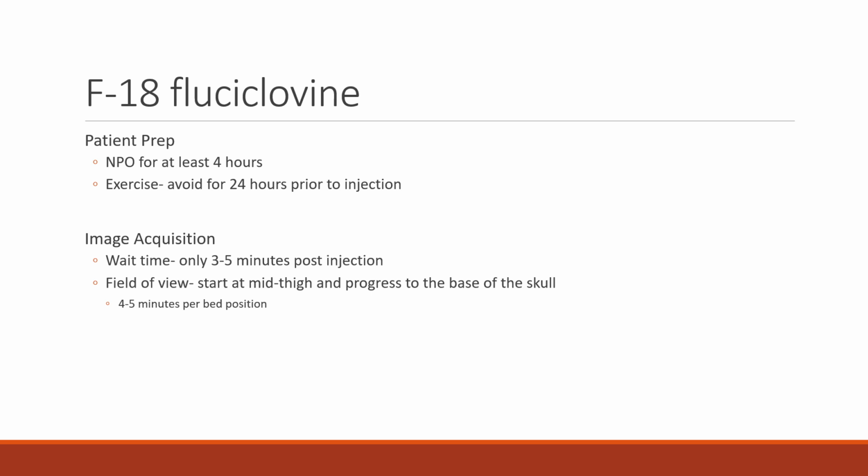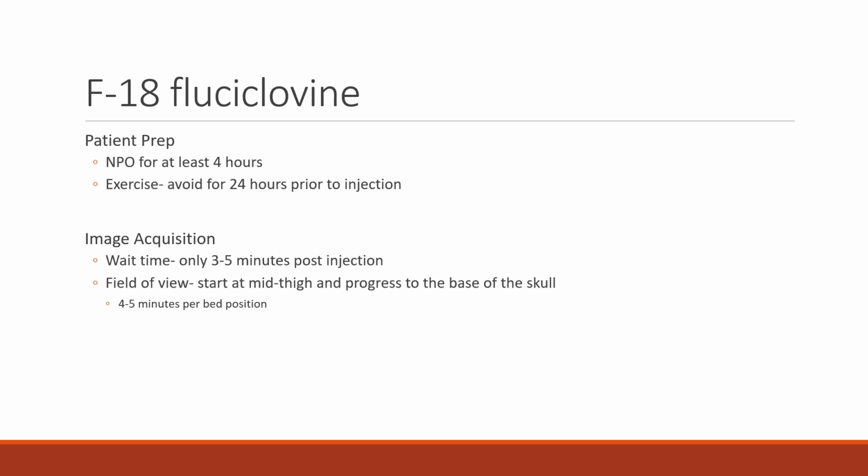Exercise should be avoided for 24 hours. Image acquisition, wait time is only about 3 to 5 minutes after injection. Super fast uptake time. Fluciclovine is an amino acid, so it's going to localize completely different. And it's going to find things more than PSMA will.